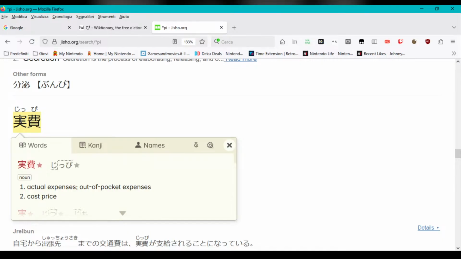And as a reminder, we see again the small tsu, which means that the following consonant is a double consonant, in this case pp. For those who speak English or other languages that don't have double consonants, you have to start it in your mouth, keep it, and then release it.